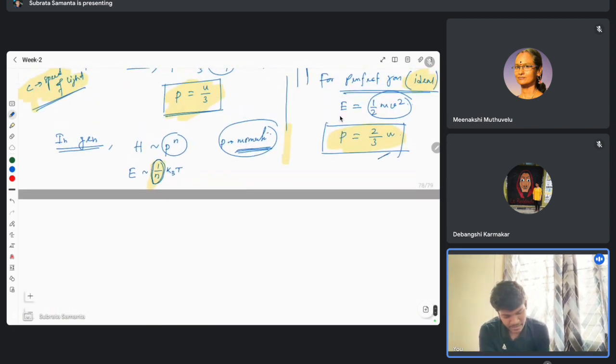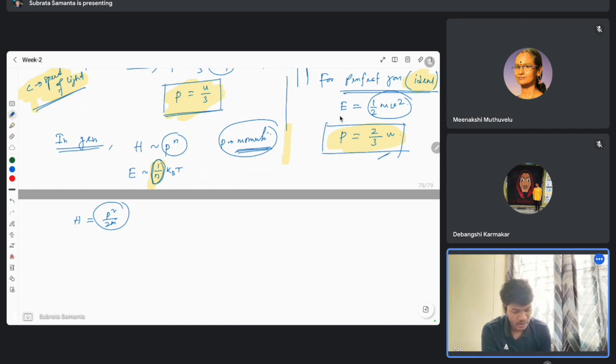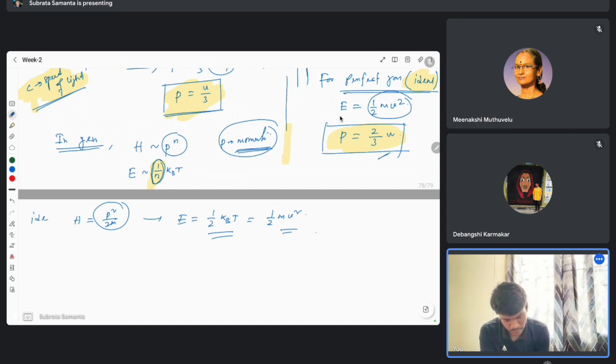For ideal gas, this H is nothing but p square over 2m. Only kinetic energy, right? This is the Hamiltonian, p square over 2m, only kinetic energy. There is no potential energy. From this, we get half kB T. This is exactly half mv square. But this is for the ideal gas, and we end up with P equal to 2 by 3 U.